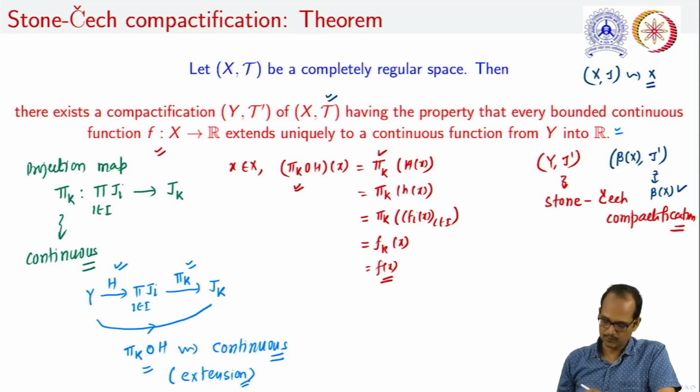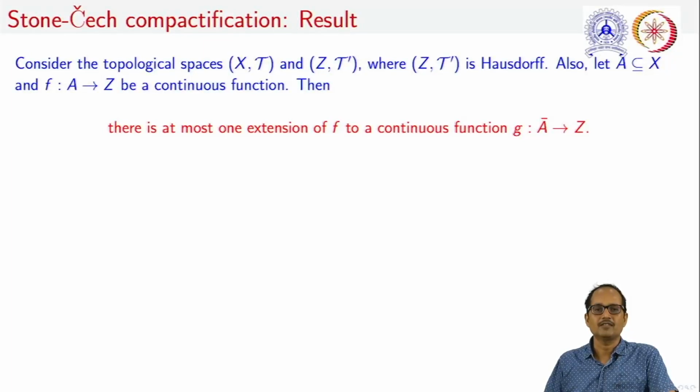Thus we have shown the extension of this function f. Only we have to show that this extension is unique. We will justify the uniqueness by using a result.